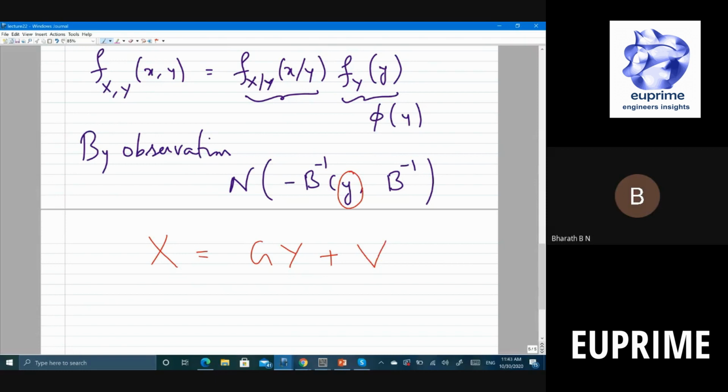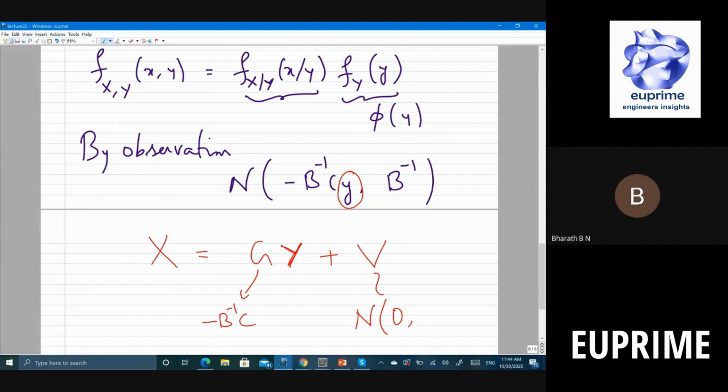Let me write it like this. Now I have to see what G is. Conditioned on y, this should be Gaussian with zero mean, because the expected value of x given y should be B inverse Cy. Given y, this is a constant. G should be minus B inverse C.